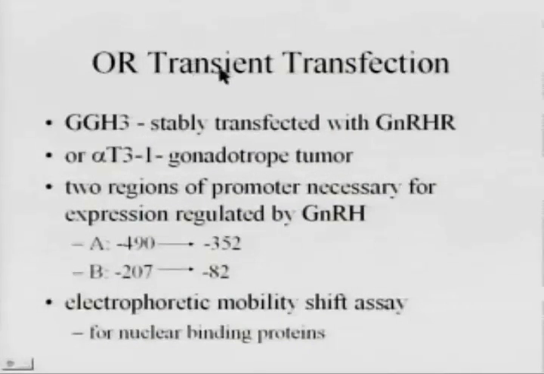Another approach could be transient transfection using, for example, the GGH3 stably transfected cells that express the GnRH receptor, or the alpha T3-1 gonadotrope tumor cells, and test two regions of the promoter necessary for the expression by the GnRH that would be targeted by either of the types of transcription factors known to be affecting the expression related to the prior two second messenger systems.